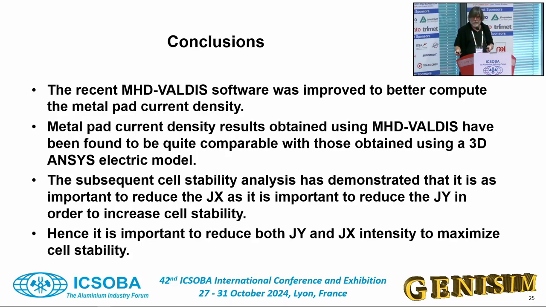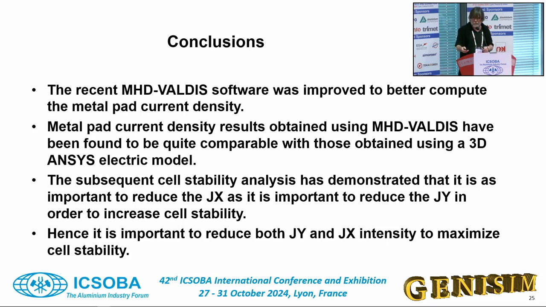So, conclusion: I have further improved MHD Valdez by comparing with ANSYS, improving the way that MHD Valdez computes the horizontal current. That means the way it solves this problem. Now we are considering the temperature of the collector bar. I won't go into detail on how we have improved the MHD Valdez horizontal current calculation.